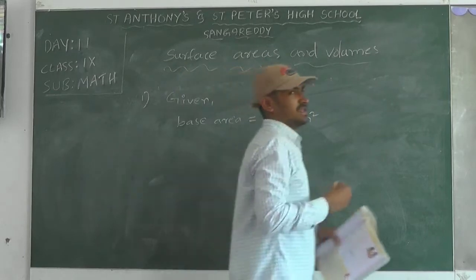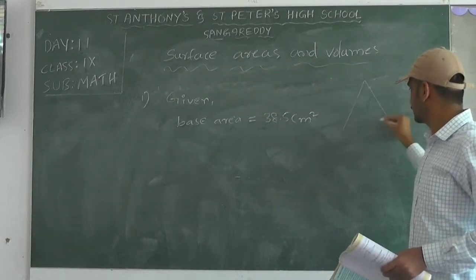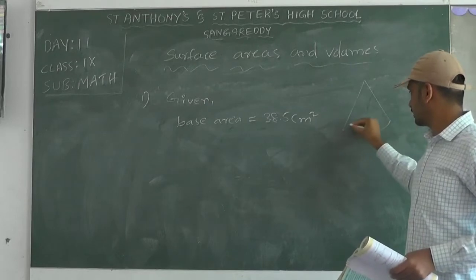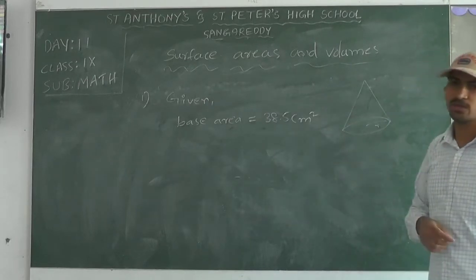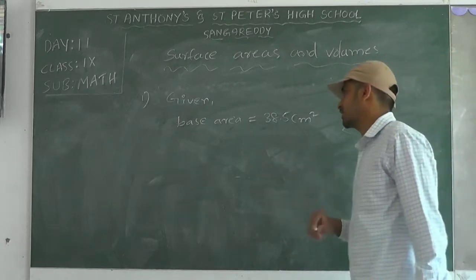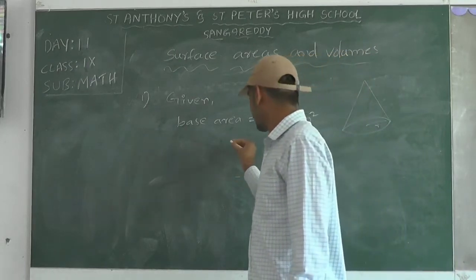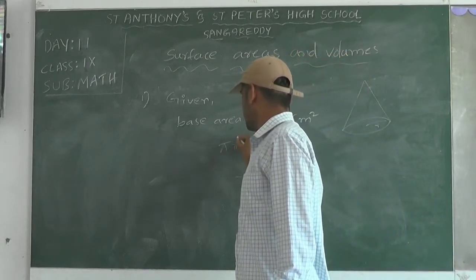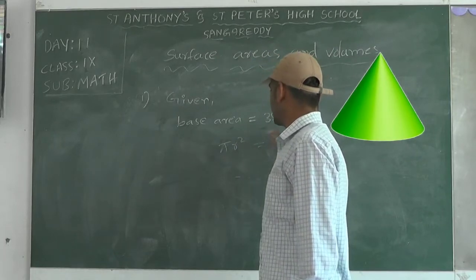Where is the base of the cone? The base is a circle, so the base area of the cone is the area of the circle. The area of the circle formula is pi r square, equals 38.5 centimeters square.